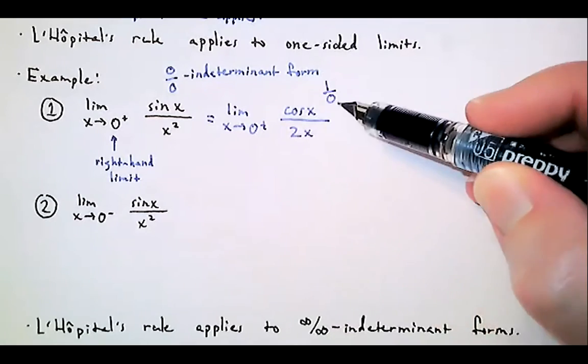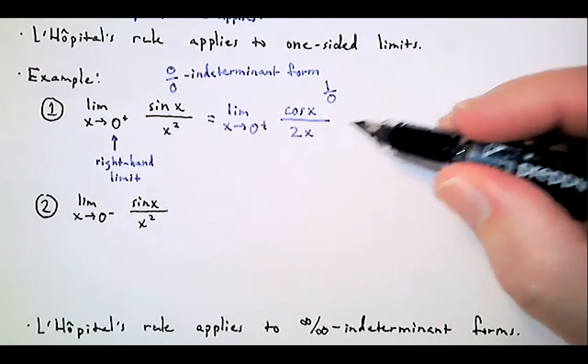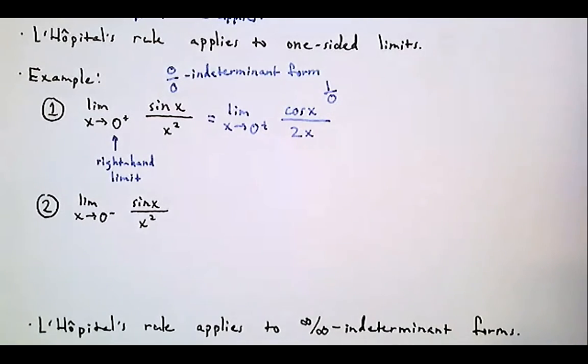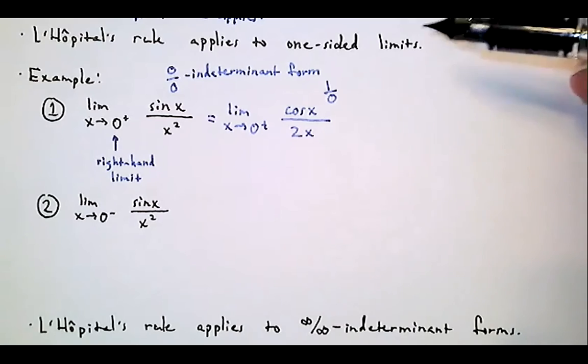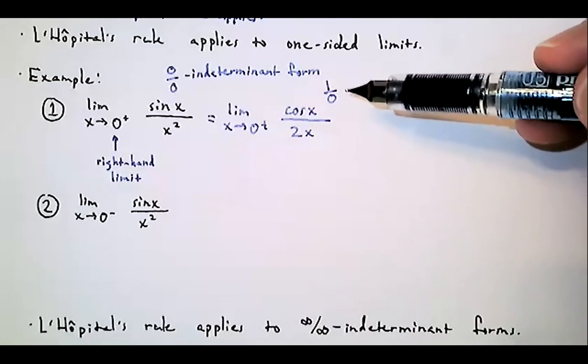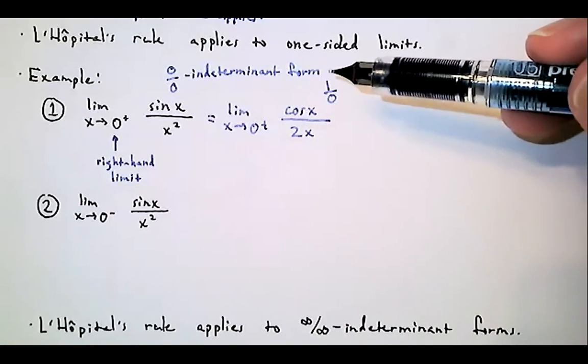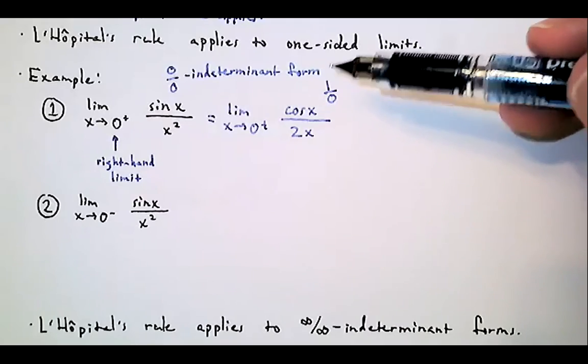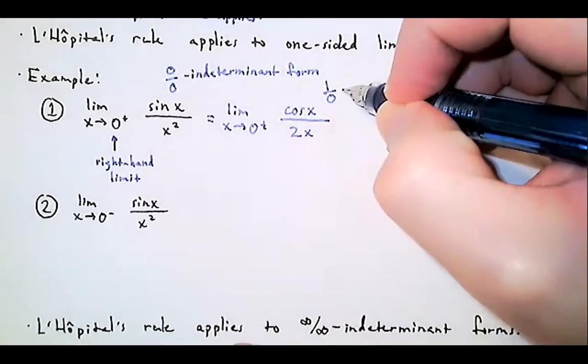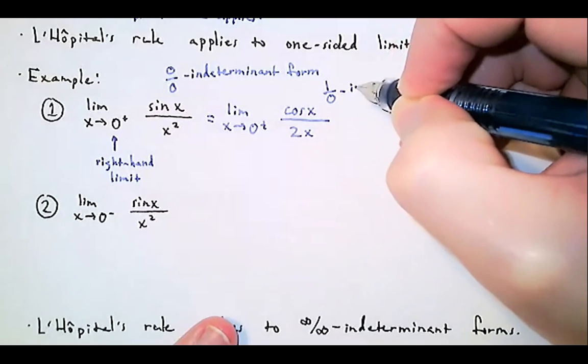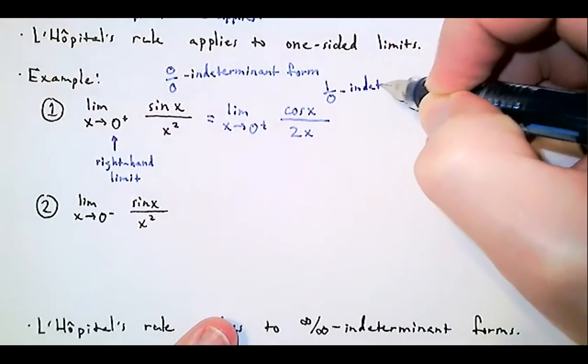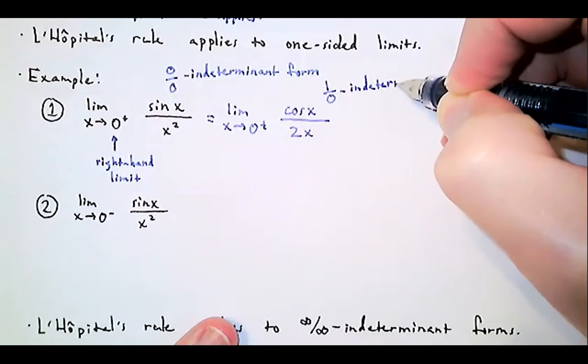And if you plug in 0 in the denominator, then we get a 0. Does anyone remember what happens when you get something like this in a limit? It's undefined. That's right.